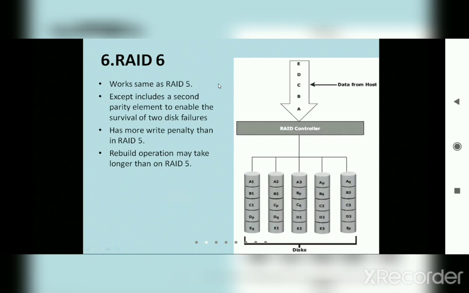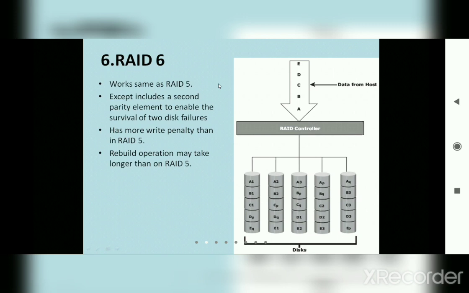Here we have two parity elements, so that it can cope if two disks fail. In RAID 5, if any one disk fails, the parity is used. In case more than one disk fails, what can be done? For that purpose RAID 6 was developed. So please remember this: RAID 6 was developed for the failure of two disks.